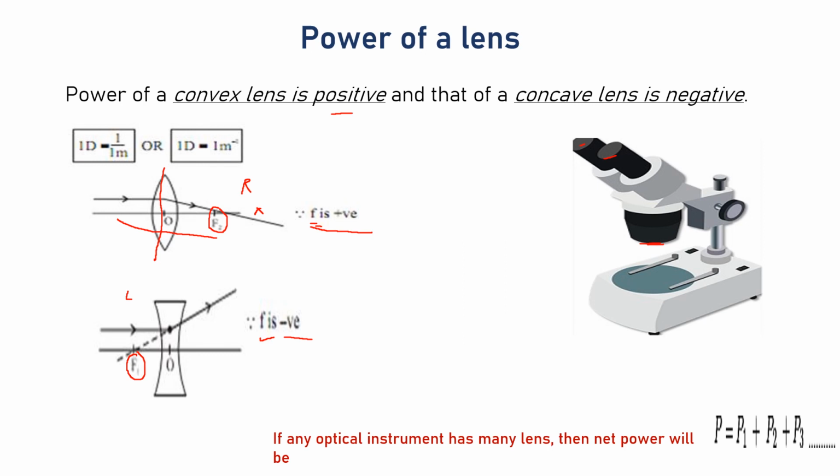To get an exact and sharper image, it is better to use different lenses of different magnification and power. So if an optical instrument has many lenses, then the net power will be P is equal to P1 plus P2 plus P3, right? This is how you can calculate the net power of an optical instrument.